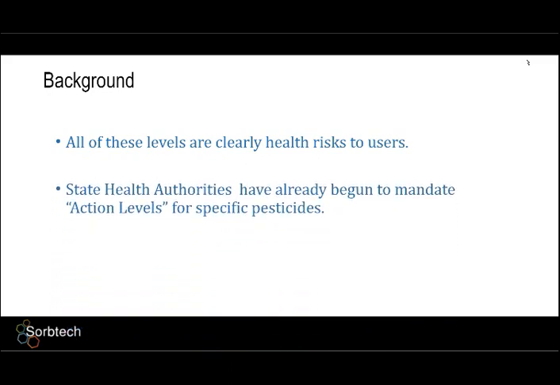Now, state authorities have already begun to mandate action levels for the specific pesticides, and eventually the federal health authorities will follow suit once cannabis is decriminalized and put into a different class of material.